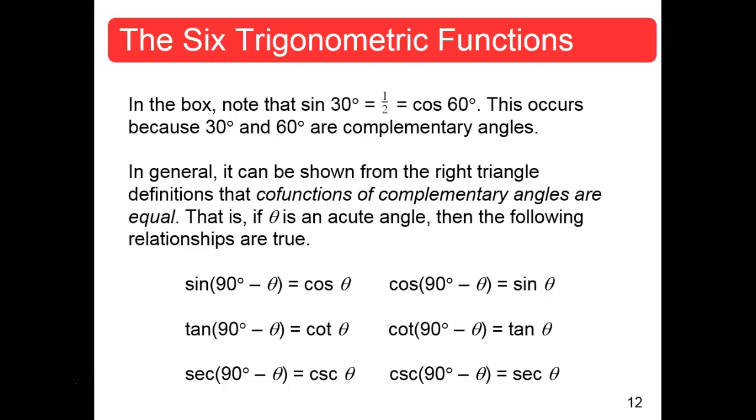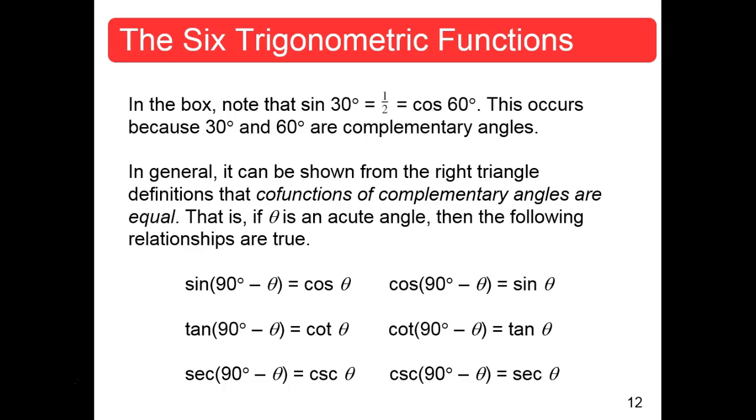So if they're complementary angles that you're doing, they're going to be equal. That is, if theta is an acute angle, then the following relationships are true. What does it mean to be a complementary angle?